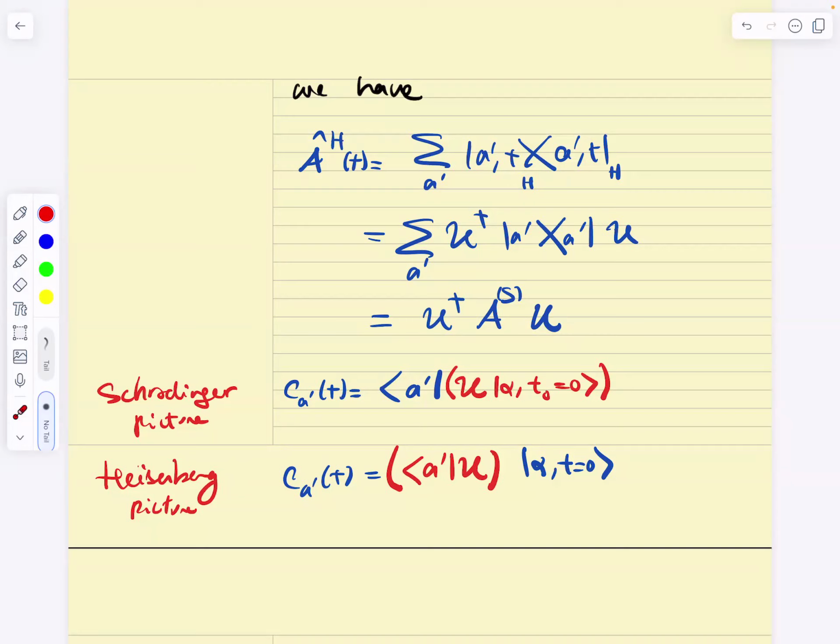Right? So the observable, the Heisenberg operator at time t, could be written as, ooh, there's an important typo here. Can anyone see the typo?